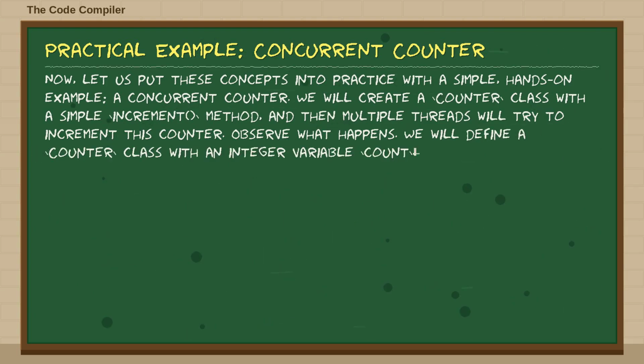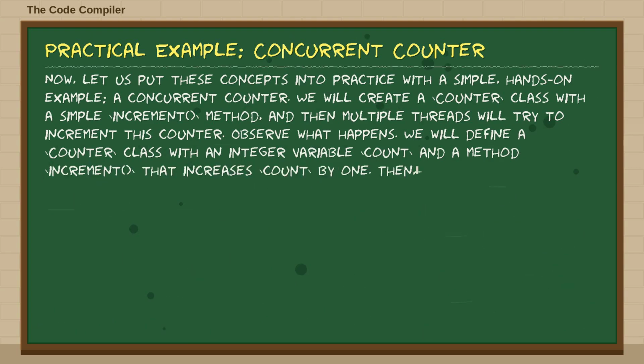We will define a Counter class with an integer variable count and a method increment that increases count by 1. Then, we will create a Runnable class, say IncrementTask, that calls the increment method of our Counter object repeatedly. In our main method, we will create several IncrementTask instances, each running in its own thread.